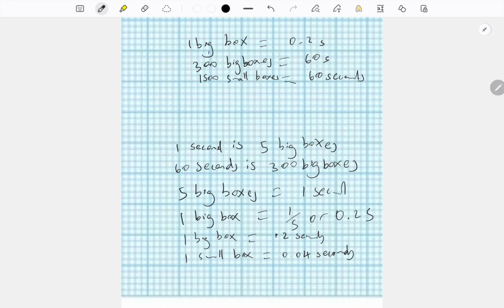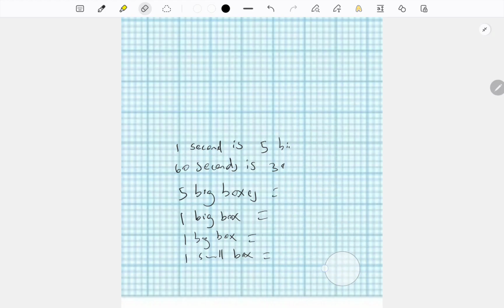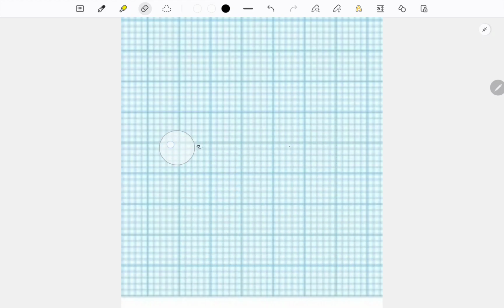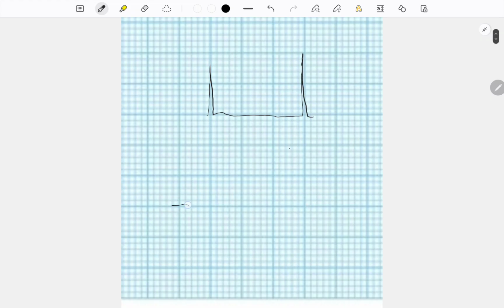And what's the relevance of this? Well, sometimes, if you're lucky, you'll have the QRS complex falling neatly like this. But what about other times? What if you have something like this, then something like this?